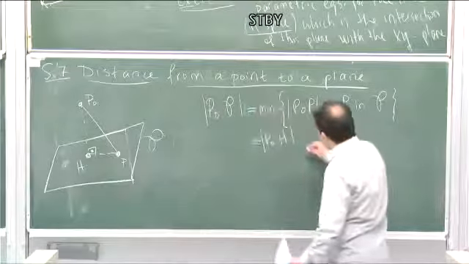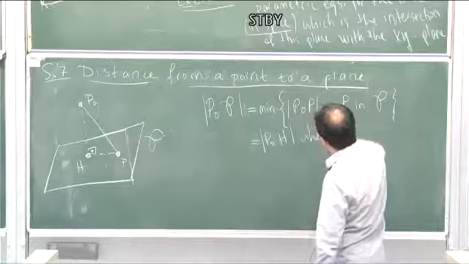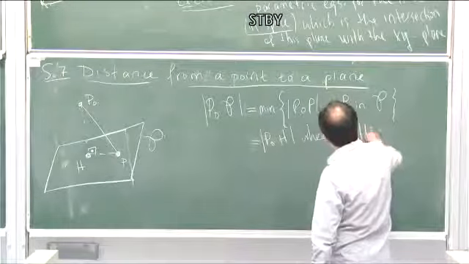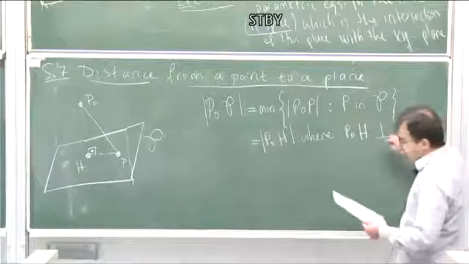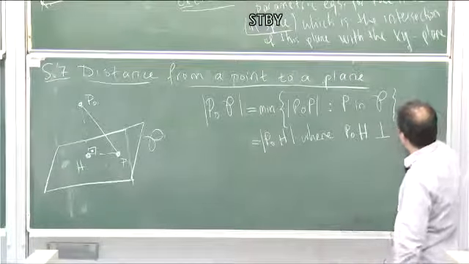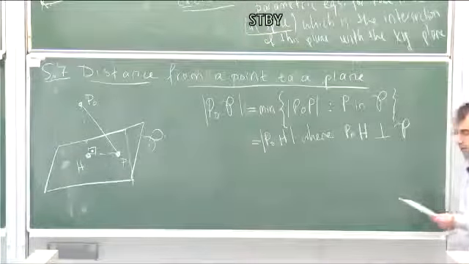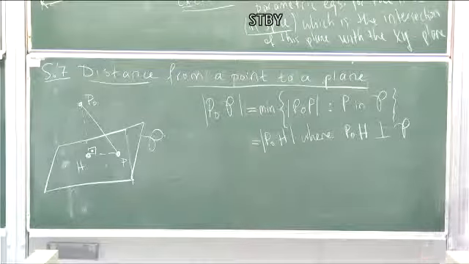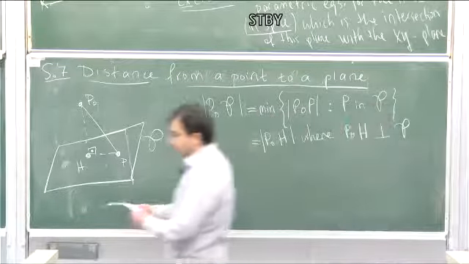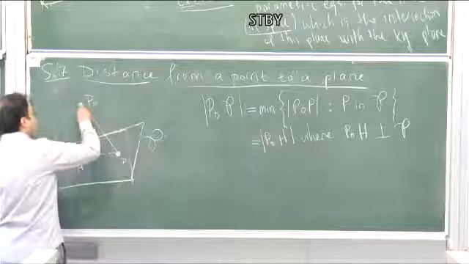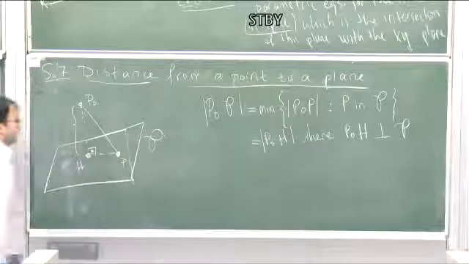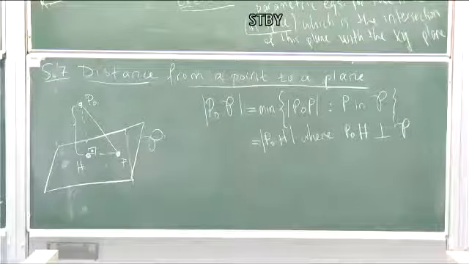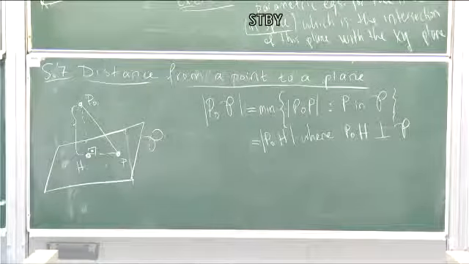Let me write, P0H is perpendicular to this plane P. All right, now I want to find this distance. My shortest distance is from here to here. This will be the distance from this point to this plane.